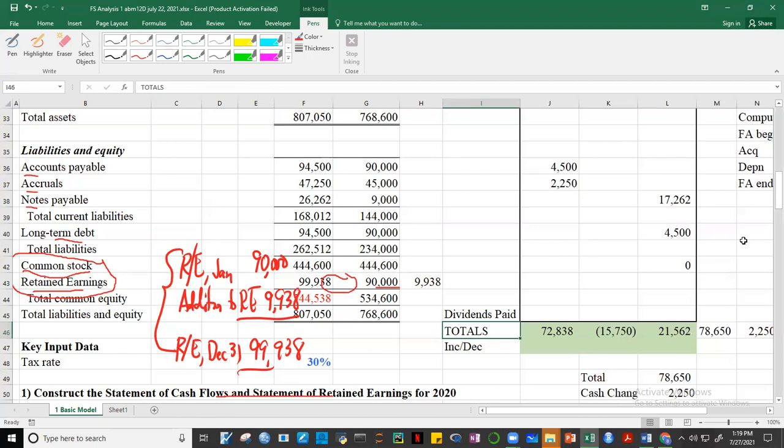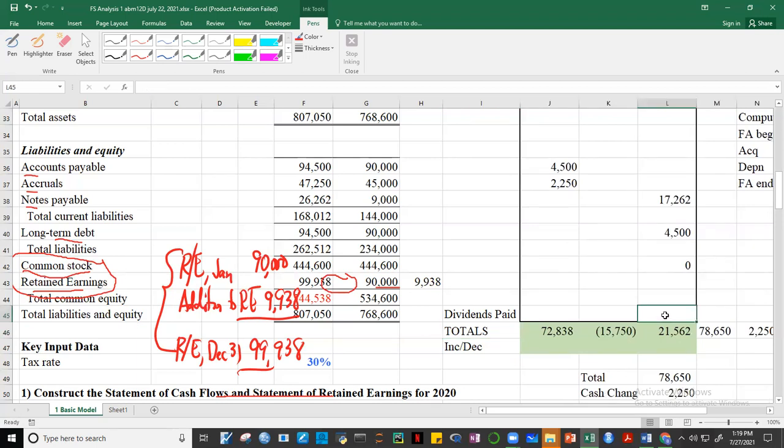Sino class? Chat, yes. Okay. Si Marion lang sumagot. How about the rest, guys? Okay, correct, guys. Tama. Financing, no? Okay. Financing siya.